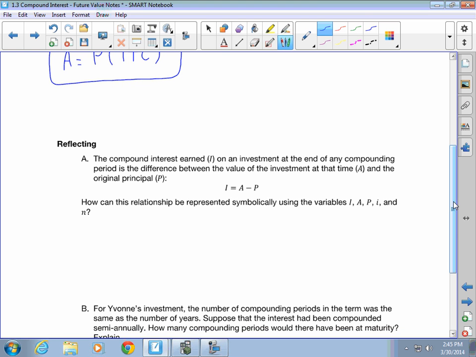Well, we know our A value, from the formula we just developed, is P times (1 plus i) to the n, minus P, which is our principal. So if I wanted to do a GCF, I could factor a P out of both terms. So we'd have I is equal to P times [(1 plus i) to the n, minus 1].